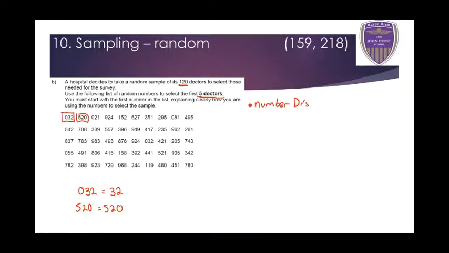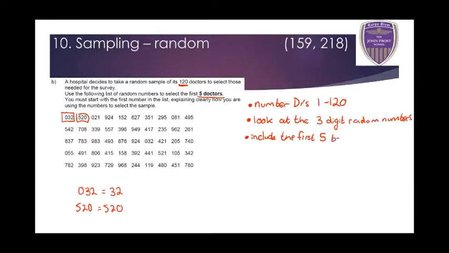Then we're going to look at the 3-digit random numbers, and we are going to include the first 5 between 1 and 120.